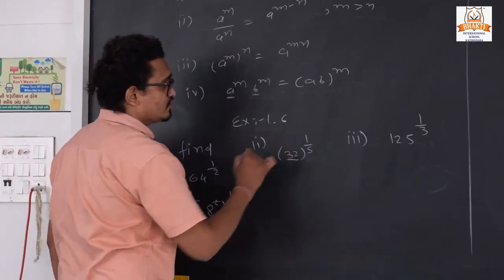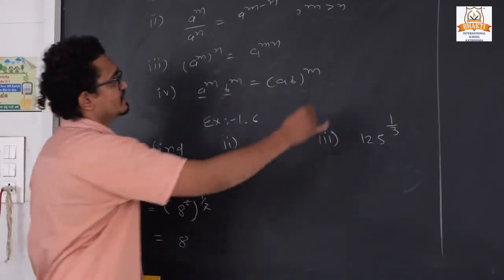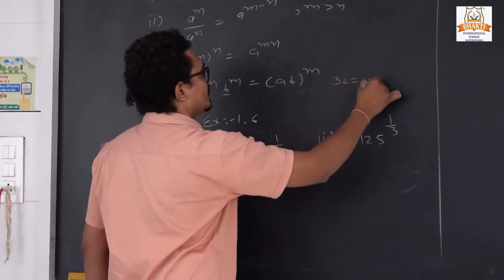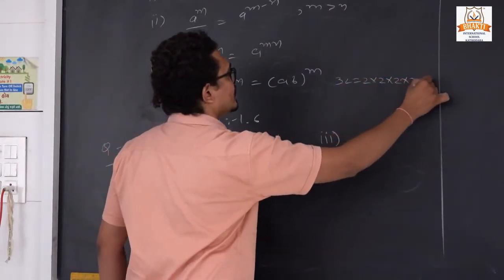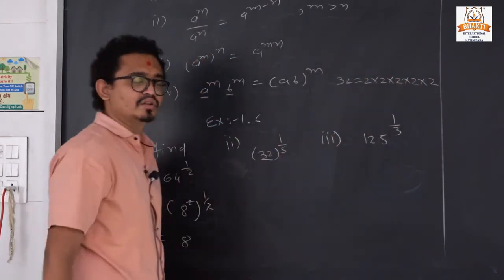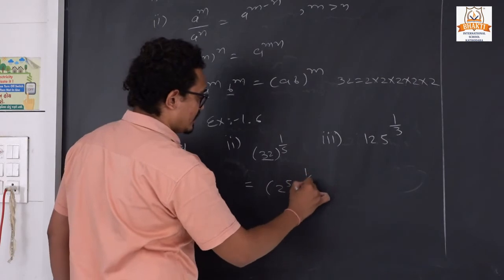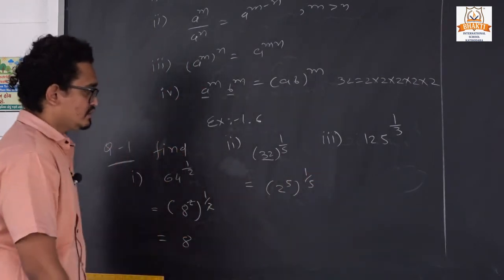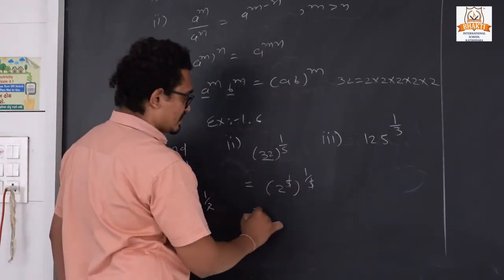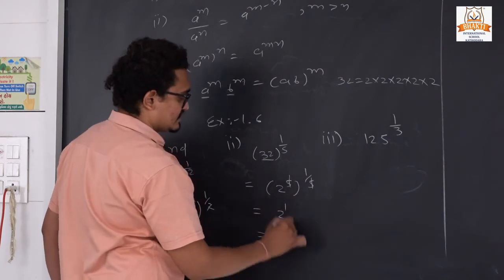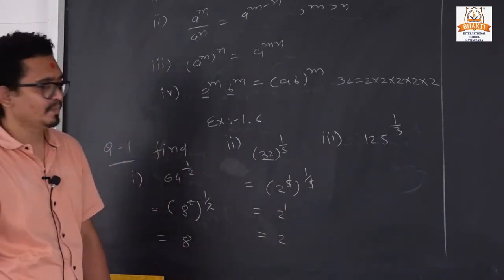Next 32. 32 means what? We can write it like that, 2 into 2 into 2 into 2 into 2, 5 times 2. So we can write 2 raised to 5 all raised to 1 by 5. So 5 cut. So 2 raised to 1. So the answer is 2.